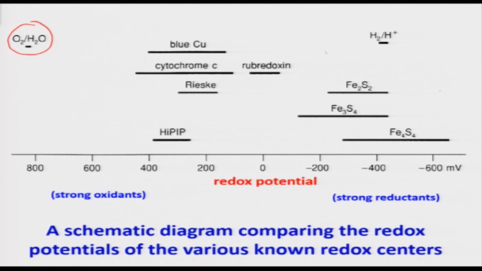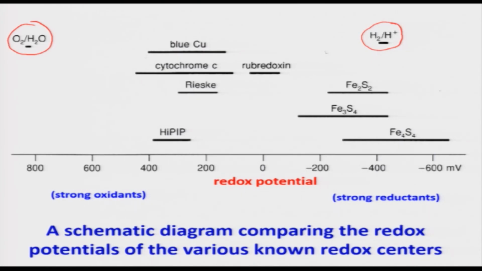If one crosses that limit, then water will oxidize to oxygen. However, on the negative side also, there is a limit where water would be reduced to hydrogen, and all these redox couples are between these two extreme reactions.